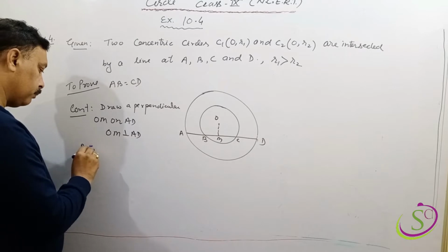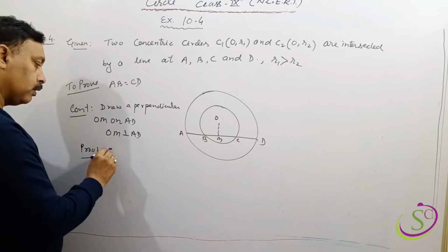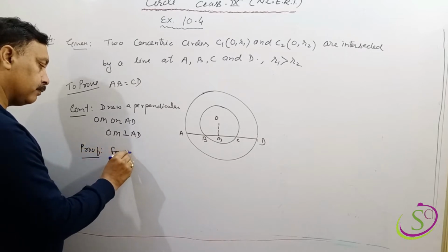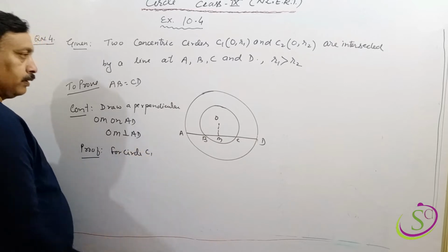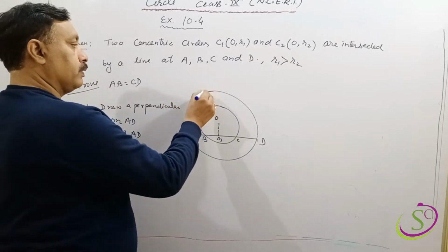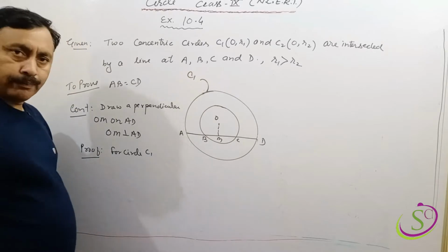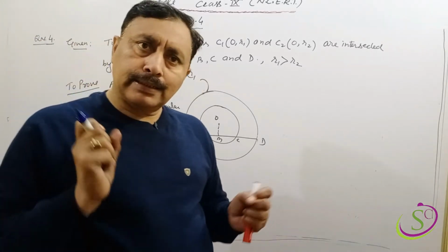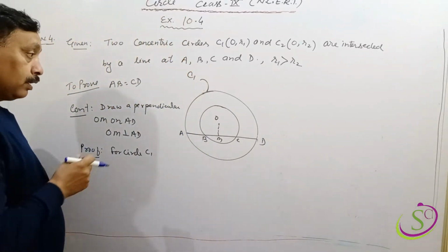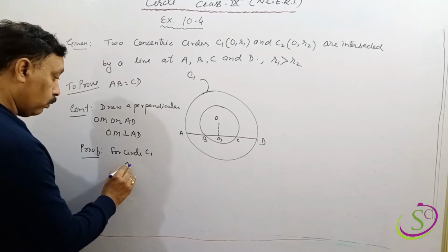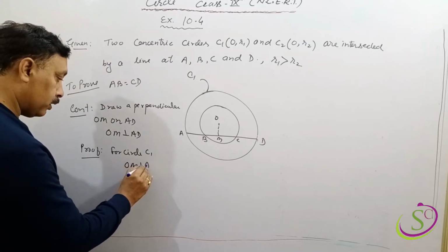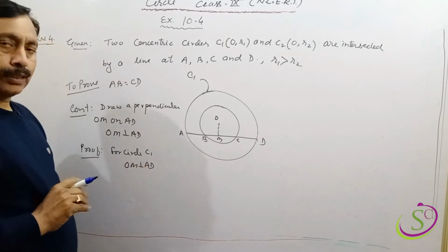Proof. Clear? For circle C1. C1 is this one. That is C1. Clear? The larger circle is C1. OM perpendicular to AB. Clear?